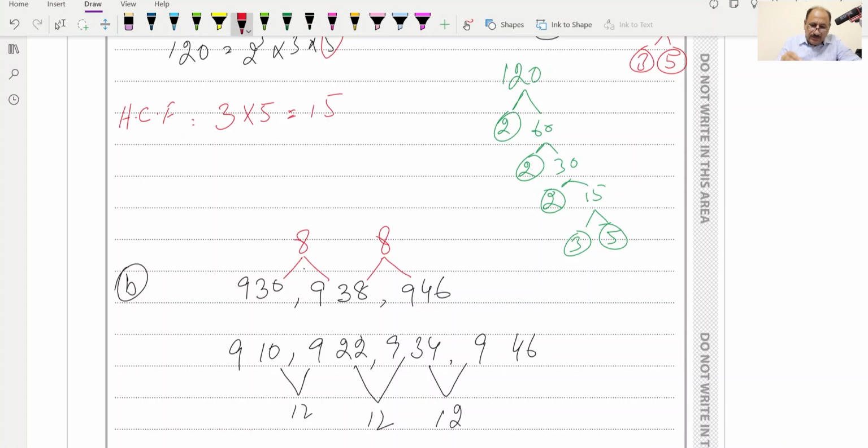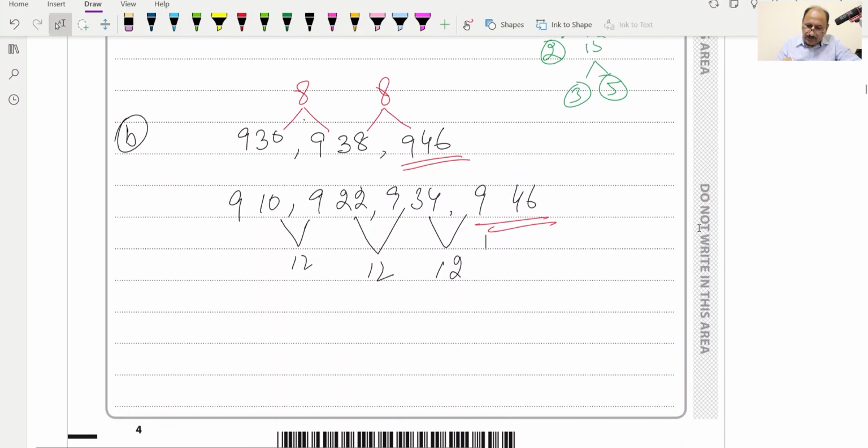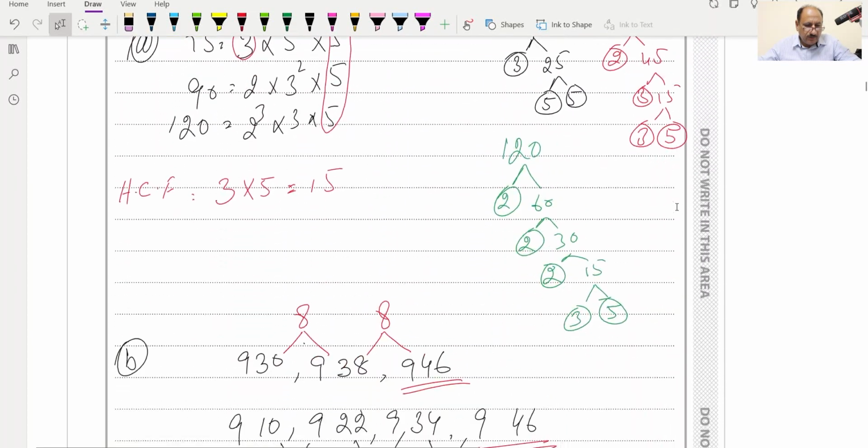And you can see this 9:46 and 9:46 is matching, so it means at 9:46 both alarms will sound together. Hopefully you understood this B part as well. We are done with this question.